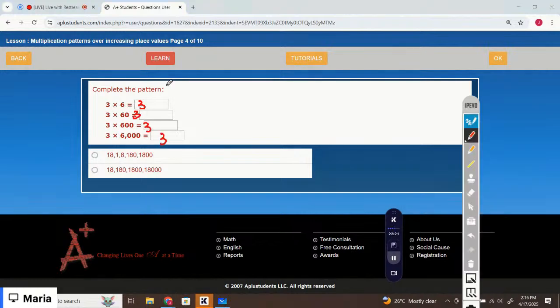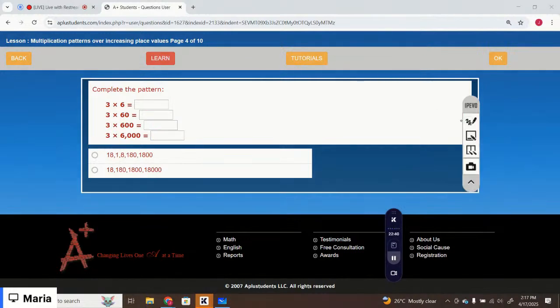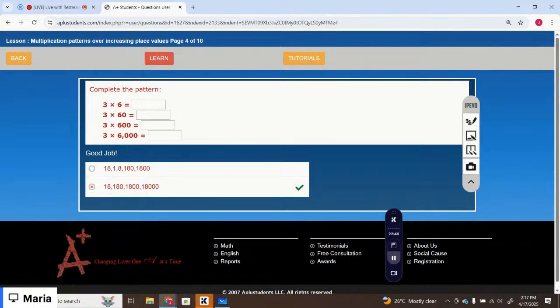That is 3 times 6 is 18. 3 times 60 is 180. 3 times 600 is 1800. And 3 times 6000 is 18,000. So option number 2 is the correct option. 18, 180, 1800, and 18,000. Option number 2 is the correct option.